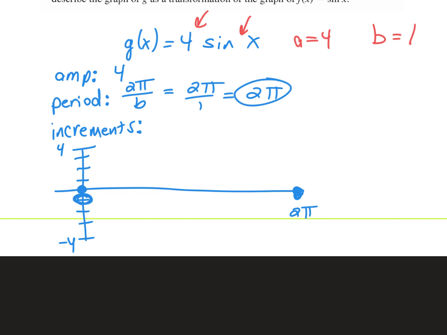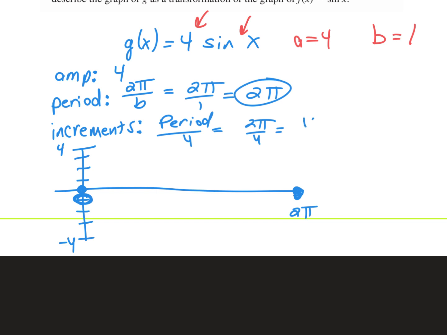Now, we've got to break up the pieces in the middle there. How do we find out the increments? What do we know we're going to break this into? How many pieces? 4 pieces. So you take the period and divide by 4. So I take 2 pi divided by 4 gives me what? Guys, what's 2 pi divided by 4?